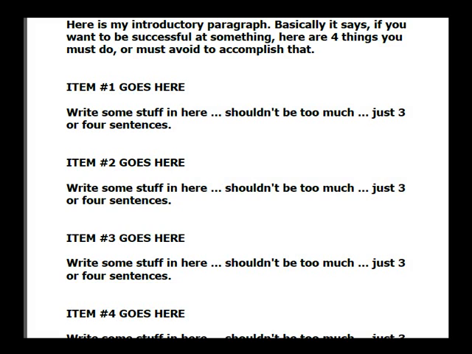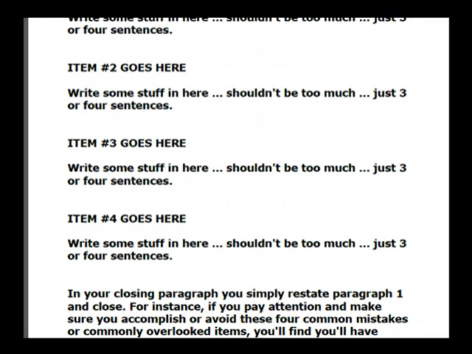All right. So basically, you've got an introductory paragraph. Basically, it says if you want to be successful at something, here are 4 things you must do or must avoid to accomplish that. All right. Then you've got your item 1 goes there, item 2 goes there, item 3 goes there, item 4 goes there, and then you write some stuff in there about each of those subheadings.